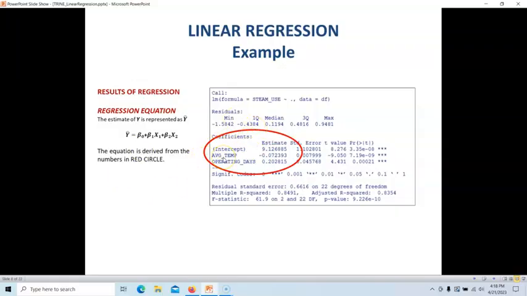And we have here the average temperature, negative 0.07, and the operating days is 0.2028.